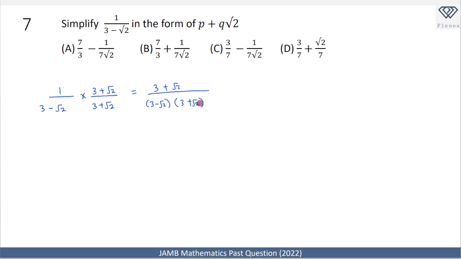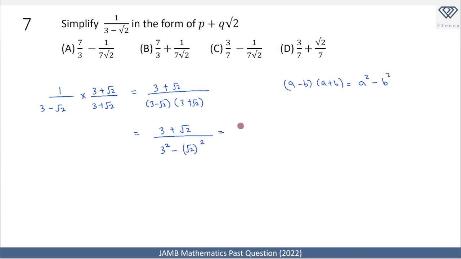Now if you remember from our difference of two squares, if you have a minus b multiplied by a plus b, that is simply the same thing as saying what? a squared minus b squared. So we can apply that same concept over here. So this is precisely the same thing as saying 3 plus root 2 over, then this becomes our first number, in this case 3 squared, minus our second number b, which is root 2 squared.